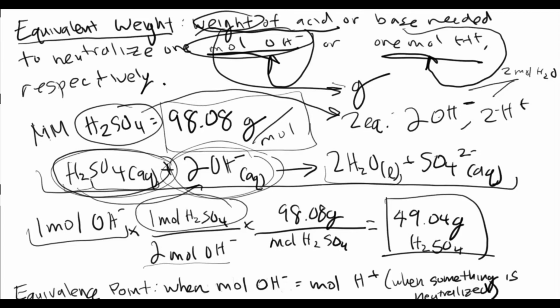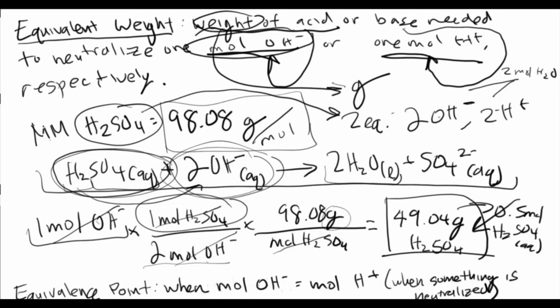And we can just multiply this by the molar mass to cancel out the moles of H2SO4, leaving behind the grams of H2SO4, once we realize that the moles of OH also cancel out. So you end up with 49.04 grams of H2SO4. And this is also half a mole of H2SO4, by the way.